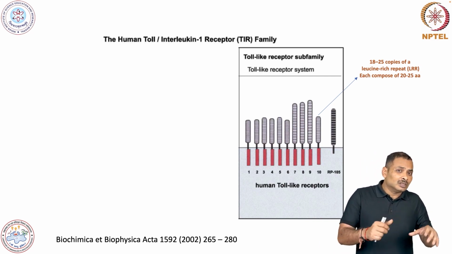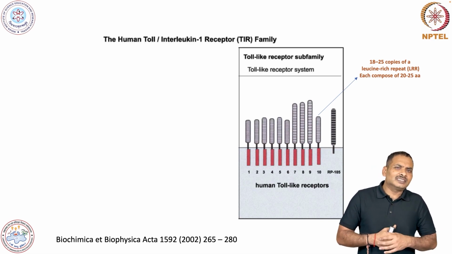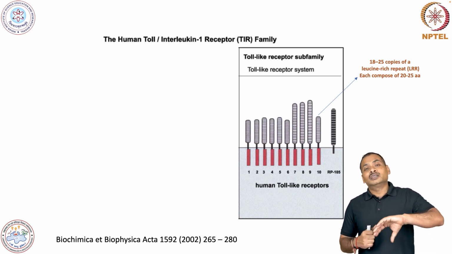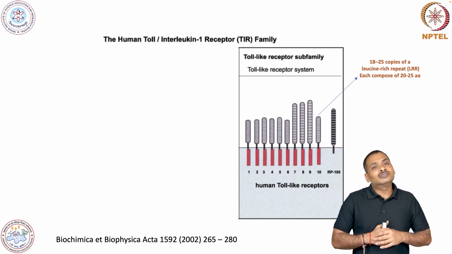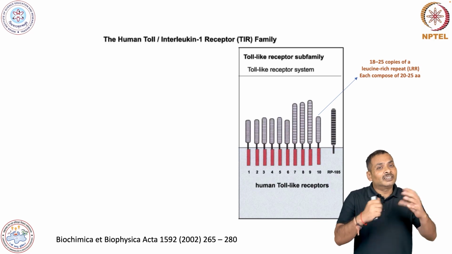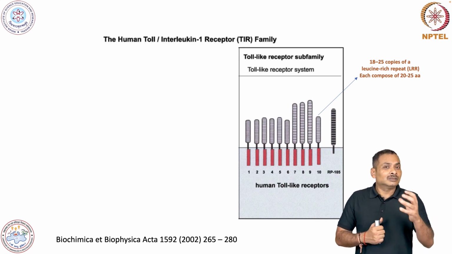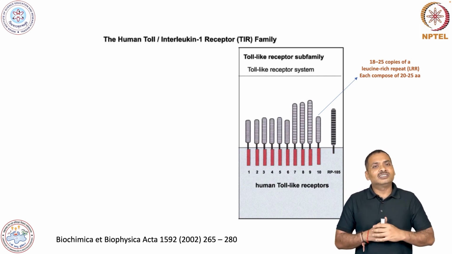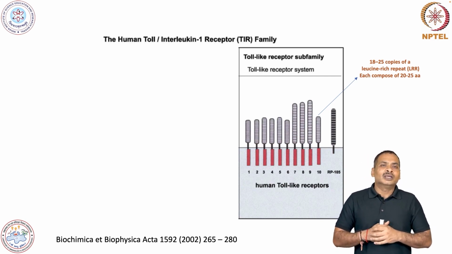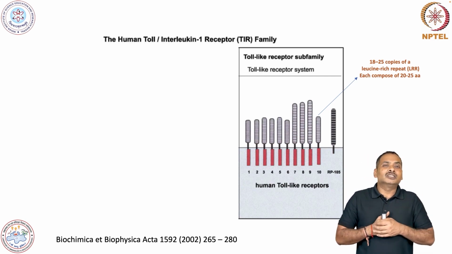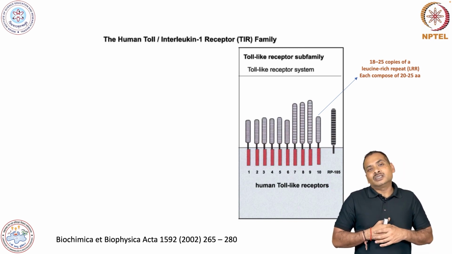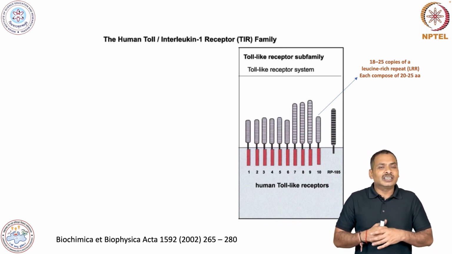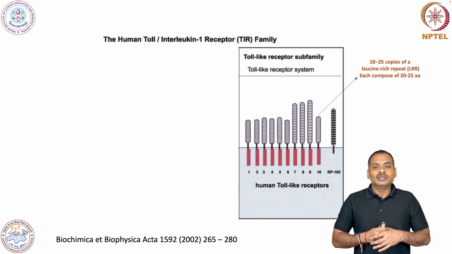Most of these nucleic acid sensors undergo cleavage, and over there there will be a generation of an active sensor which will sense the nucleic acid, and then it will transduce the signal. This cleavage is mediated by various proteases like cathepsins, the cathepsin family proteins.